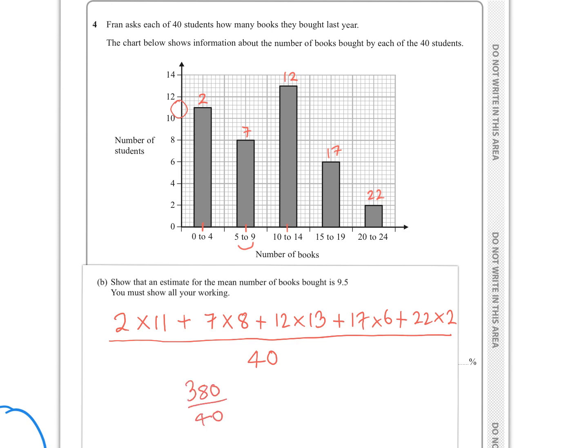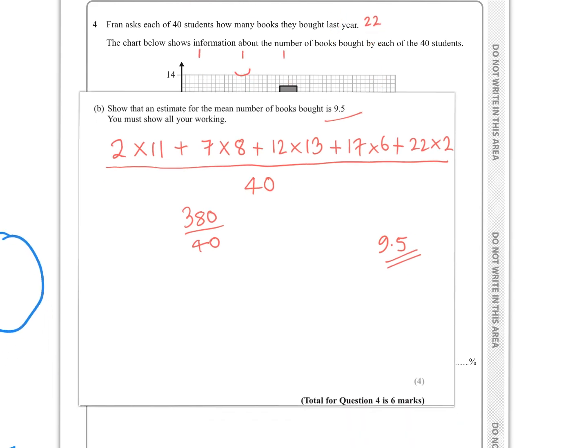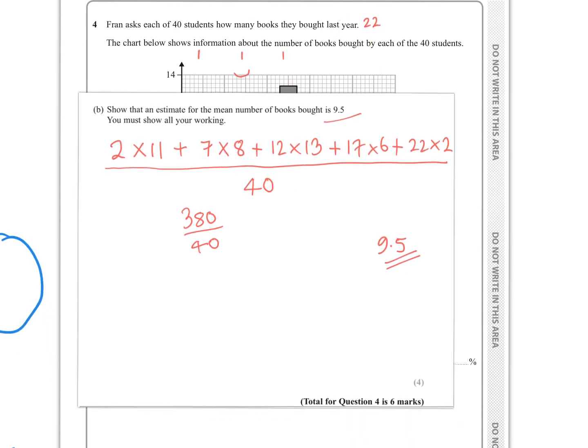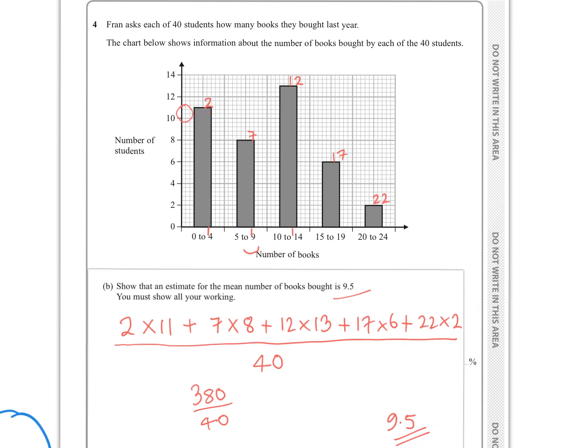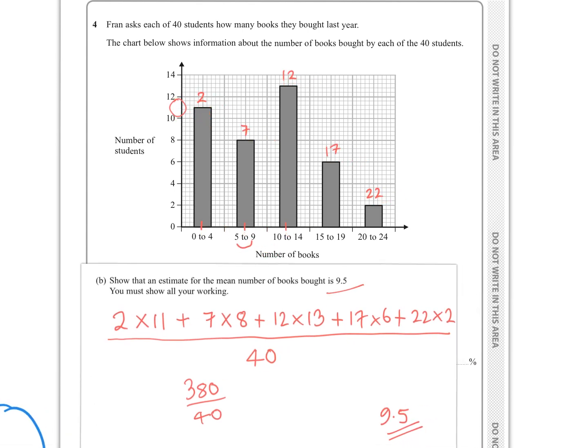Divide by 40, and I get the answer of 9.5, which is what we wanted to show. So just to see how many marks that was, total for question 4 is 6 marks. So let's move on to the next.